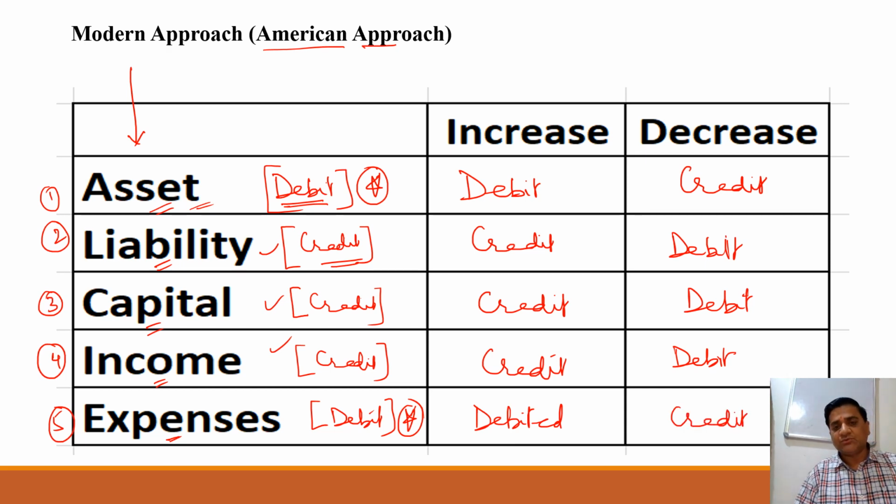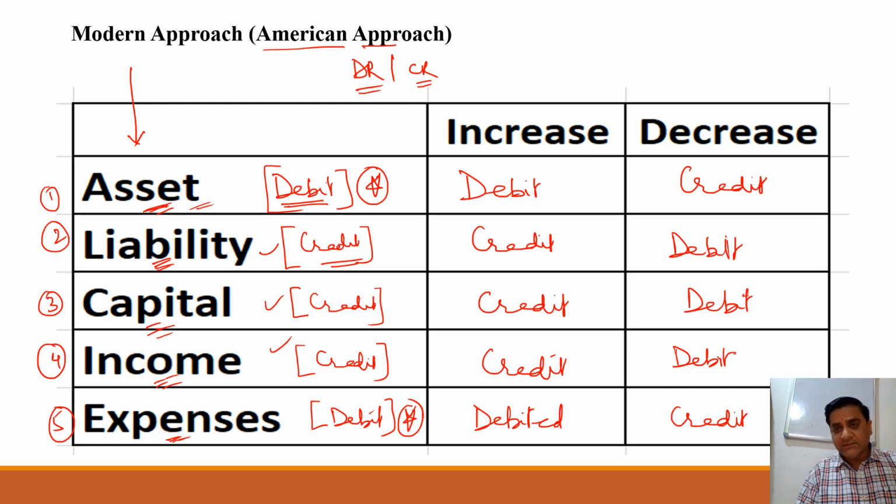These are the rules which we need to follow while we do the accounting, or whenever we are talking about the rules of debit and credit under the American approach. Which means you need to identify whether a transaction involves an asset account, a liability account, a capital account, an income account or an expense account. Based upon that, we will see whether that particular account is to be debited or credited.